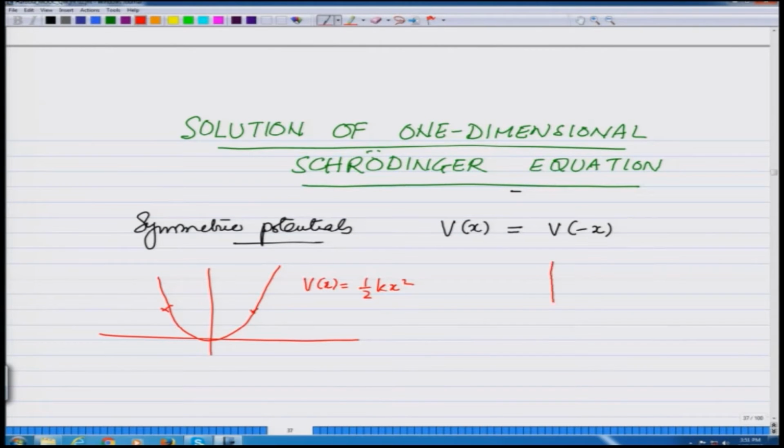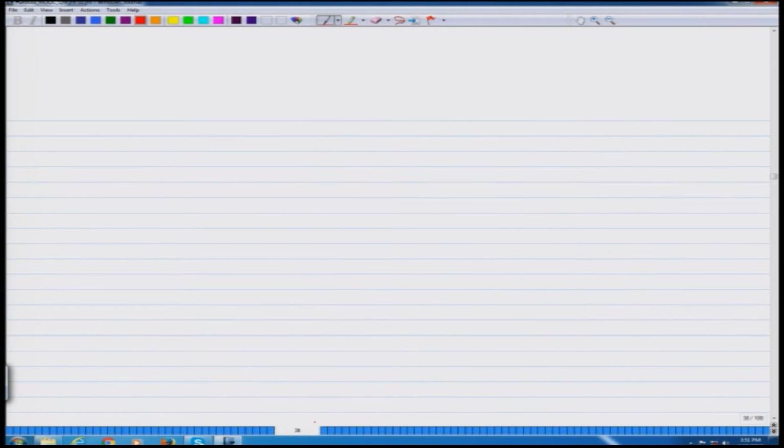Any potential that has exactly the same value on two sides of the y axis is a symmetric potential, and it is not confined to potential being only positive. So, let me just write some more examples.